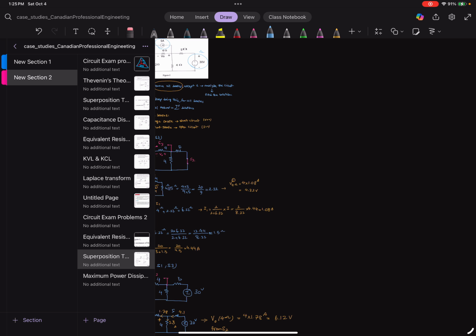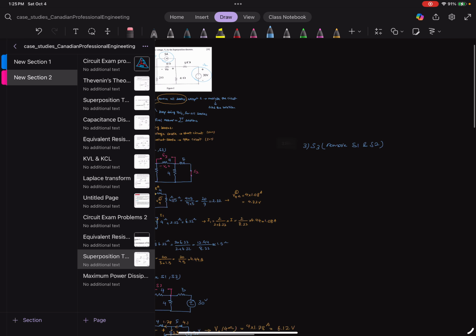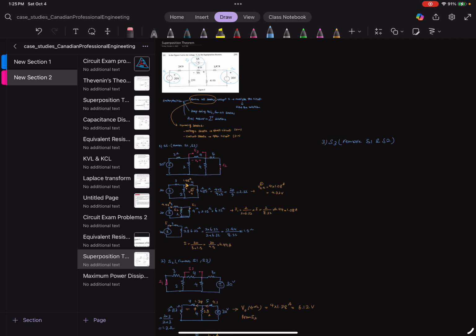So we have step 3, S3, remove S1 and S2. Again, this question is very simple, it's just long.